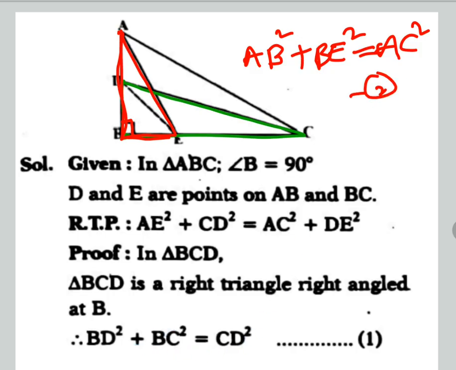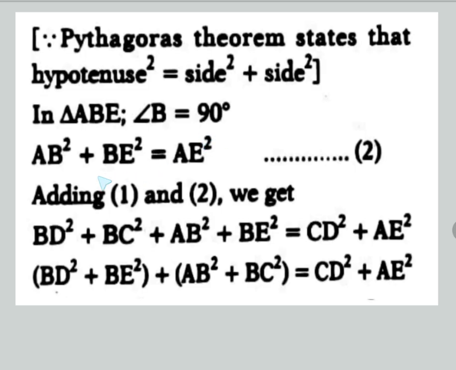From 1 and 2, if you add these two, AB square plus BE square and BD square plus BC square is equal to AC square plus CD square. We are adding 1 and 2.